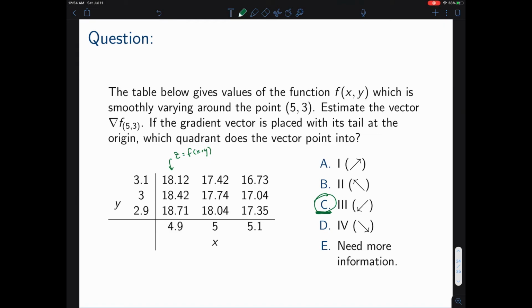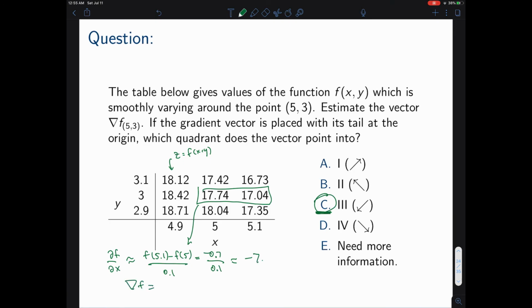Now, if you wanted to estimate the gradient vector, I won't go through the whole thing, but I'll show you how you could estimate the x component. The partial derivative with respect to x is approximately equal to f of 5.1 minus f of 5 divided by 0.1. Just looking at these two entries, we have minus 0.7 divided by 0.1, so we would end up with minus 7.